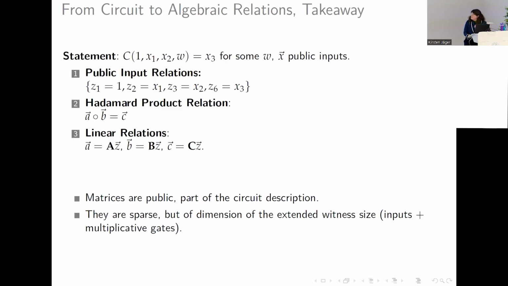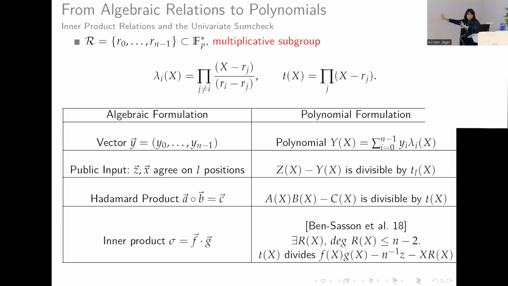Okay, so now that we have this computation represented as a set of algebraic relations, the question now is how do we turn this into polynomial relations? That's what we need to do for SNARKs. And I don't expect you to really follow this, but the point is that all we're doing is, when we have a vector, we can translate it into a polynomial.